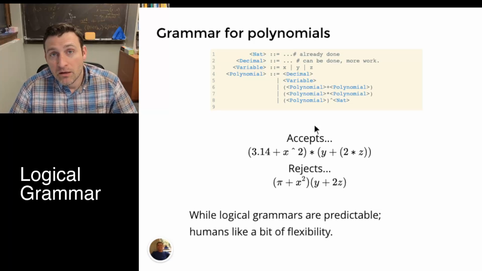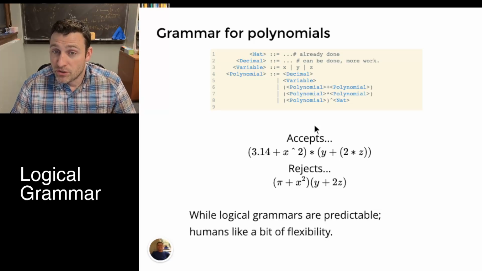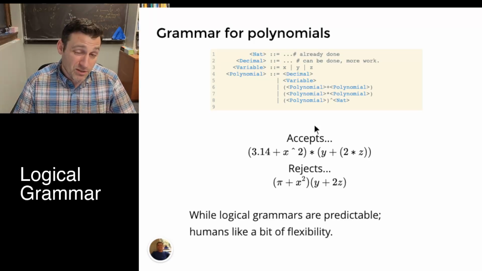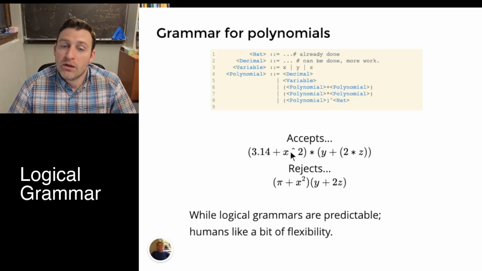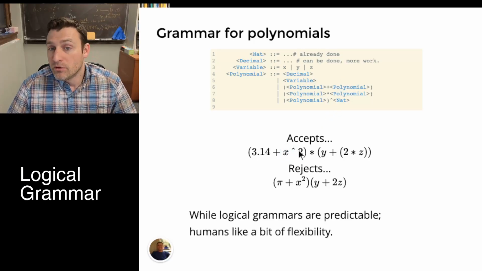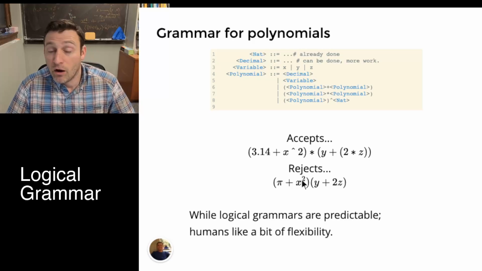Now again, this is written in such a simple way that it will never be misunderstood, but it's not exactly how humans like to write things. Here's an example. This sentence accepted 3.14 because that was allowed to be a decimal. And once a decimal is allowed to be a polynomial, then I can add a polynomial to anything else that's a polynomial. And x^2 is a polynomial. That's the bottom line. However, notice that's not the same as raising x to the power 2 in the notation we might use on a chalkboard.